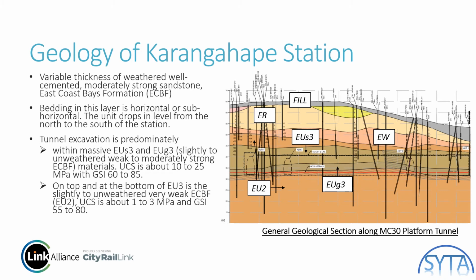The tunnel excavation is mainly within massive EU3 and EUG3, slightly to unweathered weak to moderately strong ECBF materials. The unconfined compressive strength, UCS, is about 10 to 25 MPa with GSI 60 to 85.